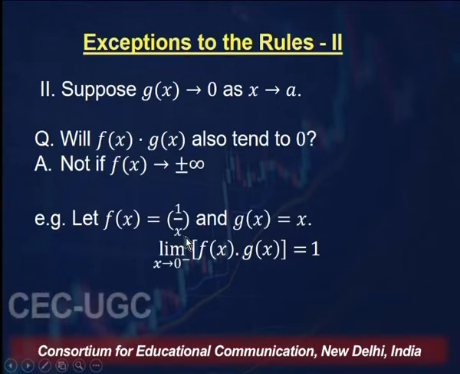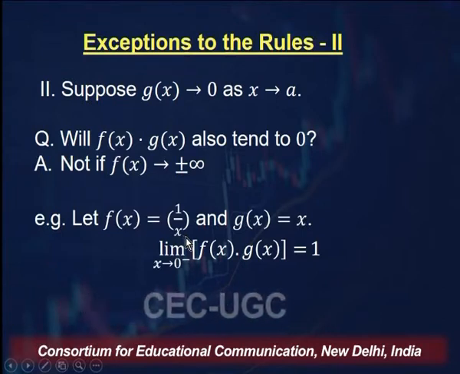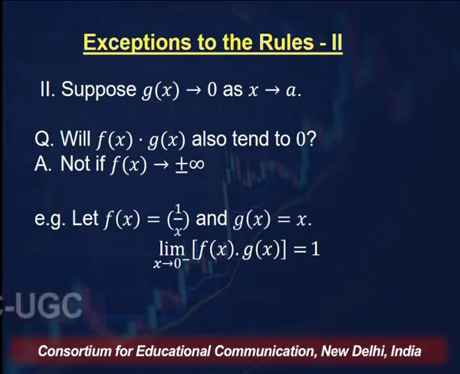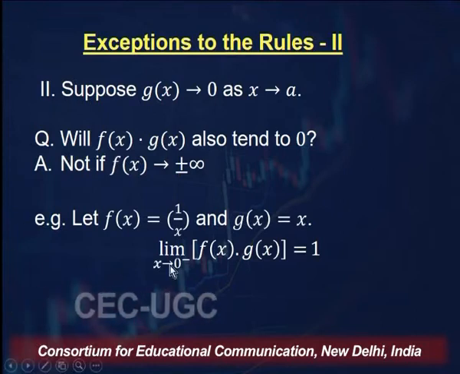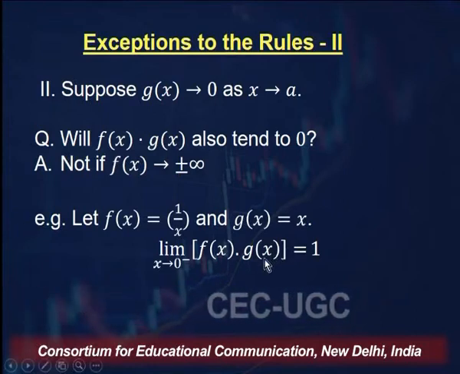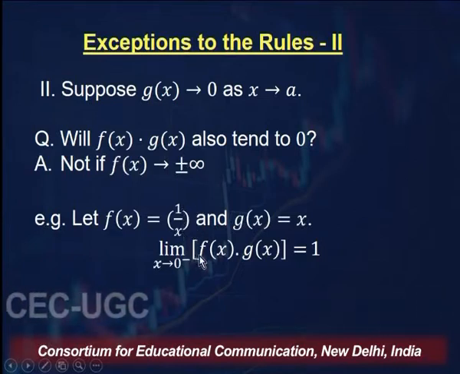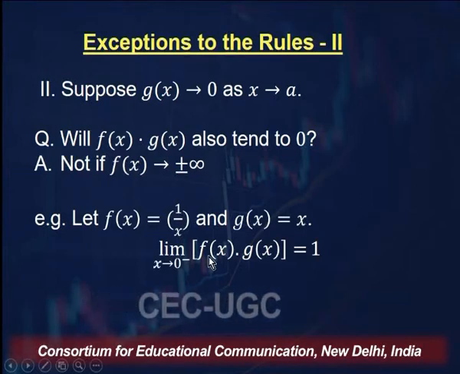As x tends to 0 from the left, you can think of the graph of 1 by x, this function will tend to minus infinity, right? And that then totally does not fall in place with the generic rules that we had set up. So this is another exception to the rule.